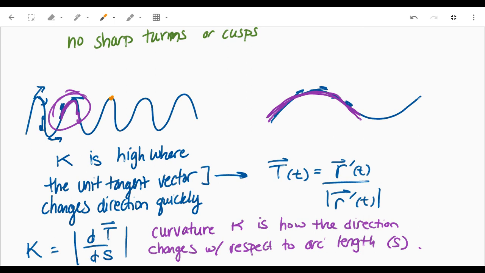So it's all of these guys. That's where the curvature is the highest. Here this is still the highest curvature, but it would not have as high a curvature as the same points on the first one.